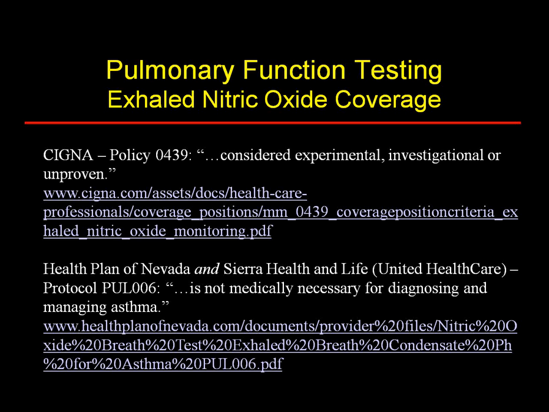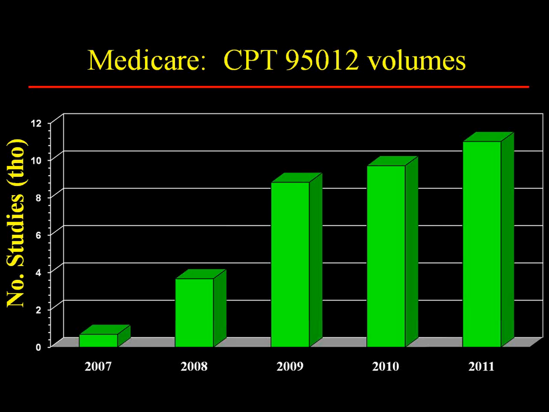I give the example of the Cigna policy, considering exhaled nitric oxide experimental, investigational, or unproven. And similarly, 2 health plans in Nevada consider exhaled nitric oxide measurements not medically necessary to diagnose or manage asthma. So many third-party and private and commercial payers will not recognize claims for this service.